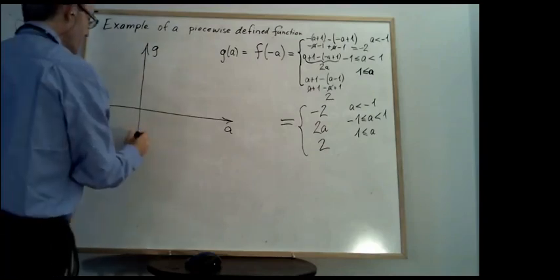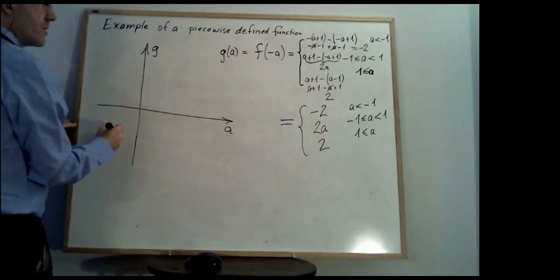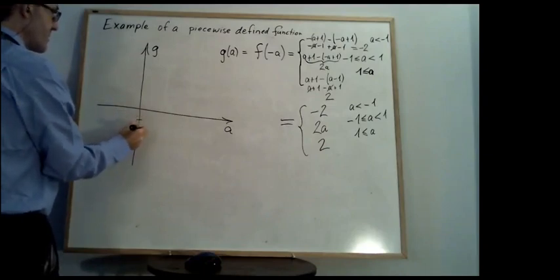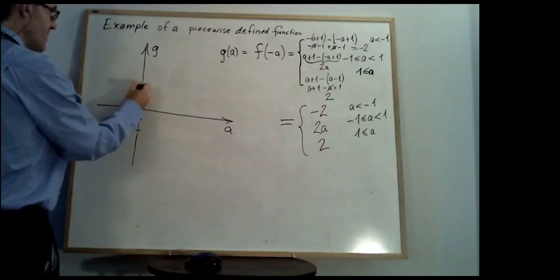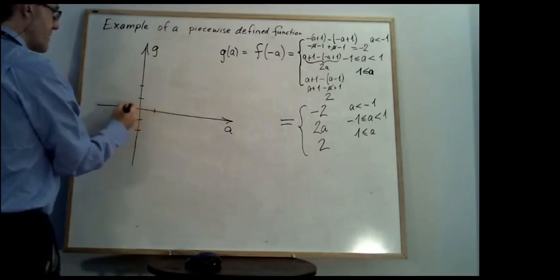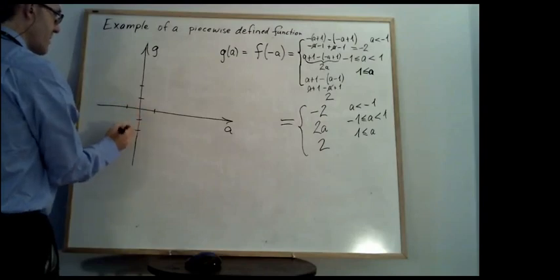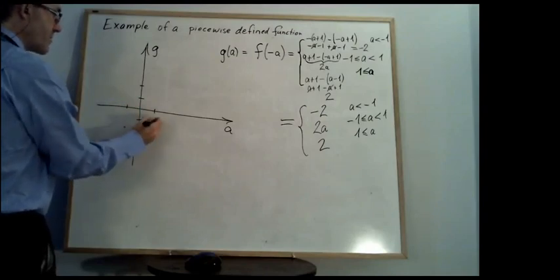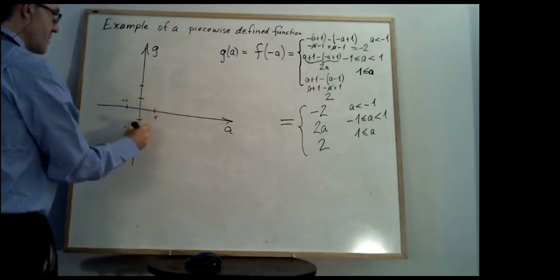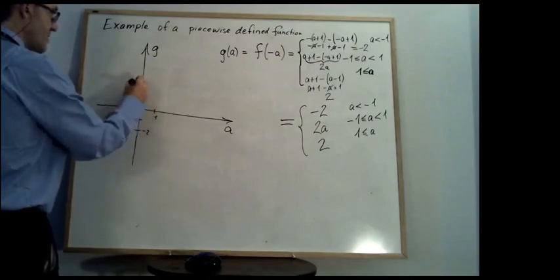Okay, so over here, these are three simple functions: -2, 2a, and +2. So I start off here. So anything below a equals -1, here's -1, here's +1, -2, +2.